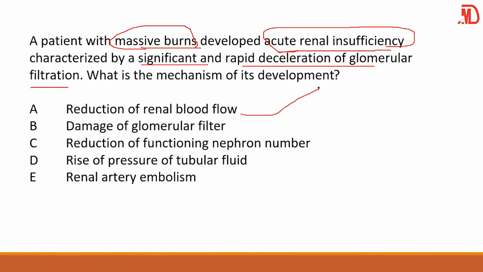Why? Because the patient has a massive burn. So dehydration, loss of fluid. And this loss of fluid can lead to decrease in renal blood flow, and as a result, there'll be decreased glomerular filtration rate.